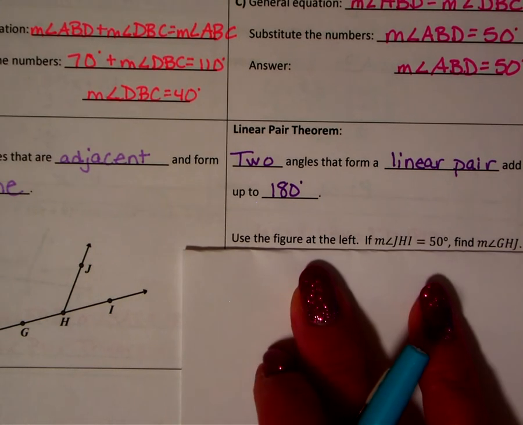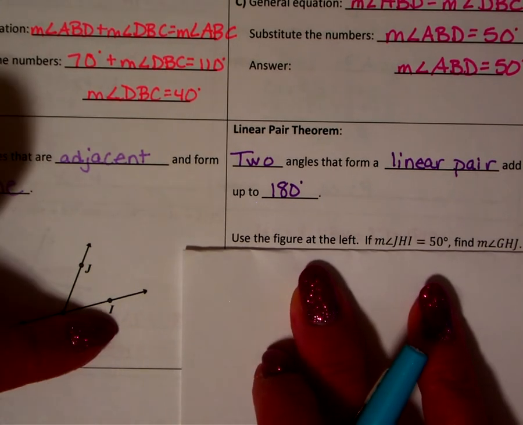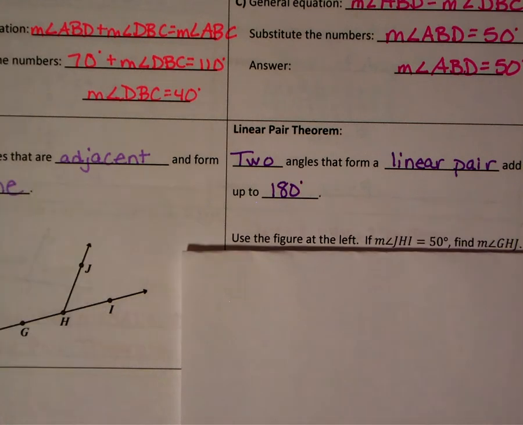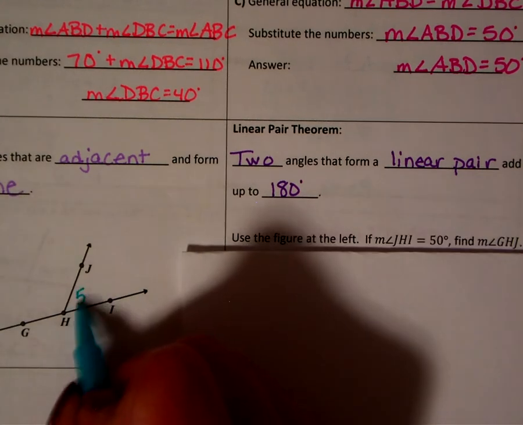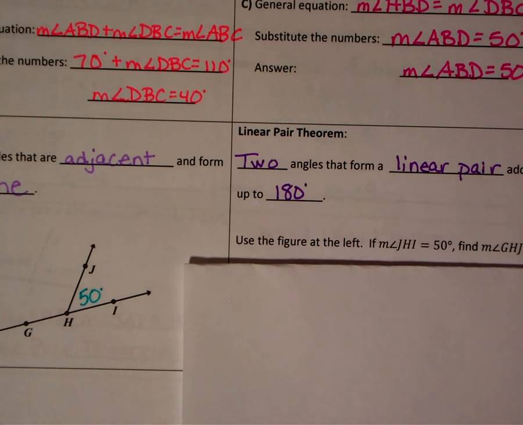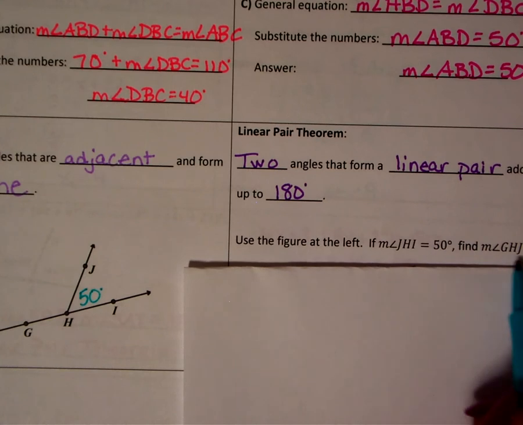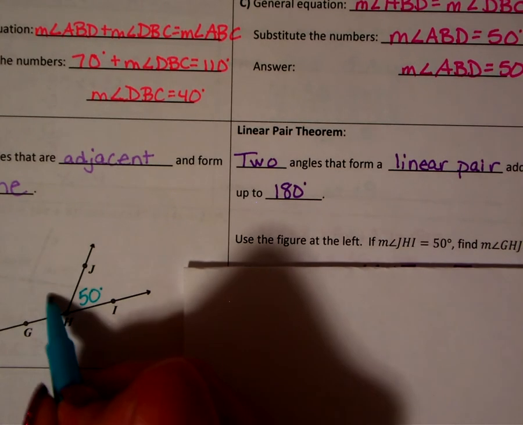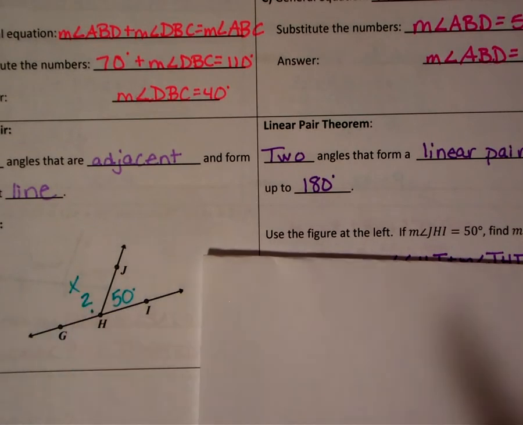So, using the figure at the left, the measure of angle JHI equals 50 degrees. Find the measure of angle GHJ. This is the one we're trying to find the measure of. You could put in X, I put in a question mark, because we're going to call it the measure of angle GHJ.